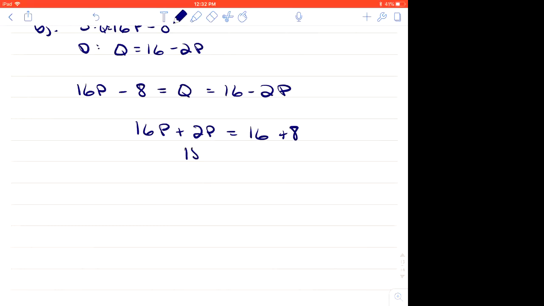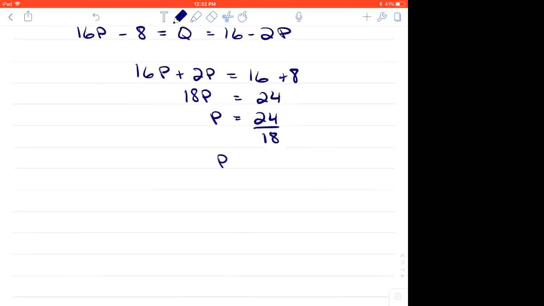So I have 18p is 24, so P is 24 divided by 18. Price again is a price, so we have 1.33 repeating or $1.33.